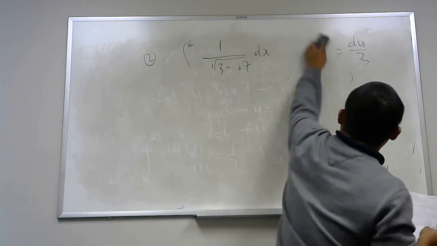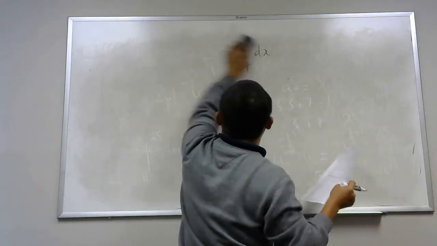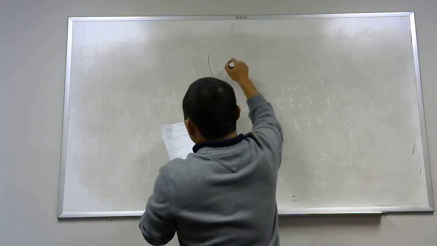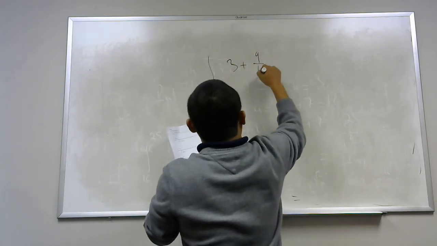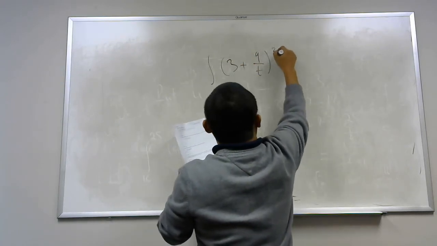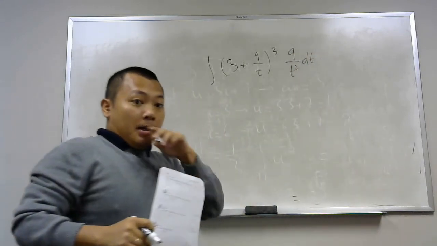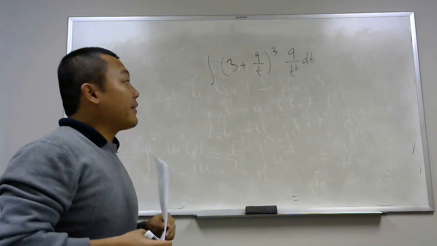Okay, finally, indefinite integrals with substitution: the integral of (3 plus 9/t)^3 times 9/t^2 dt. Today we also have that problem.